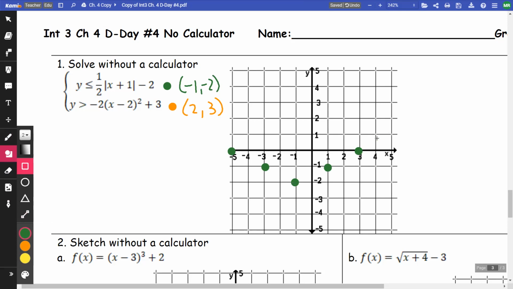And then I am going to connect this. And I have it as a rectangle. Okay, sorry, as a line. I'm going to have this be a solid line because it has the equal included, okay?